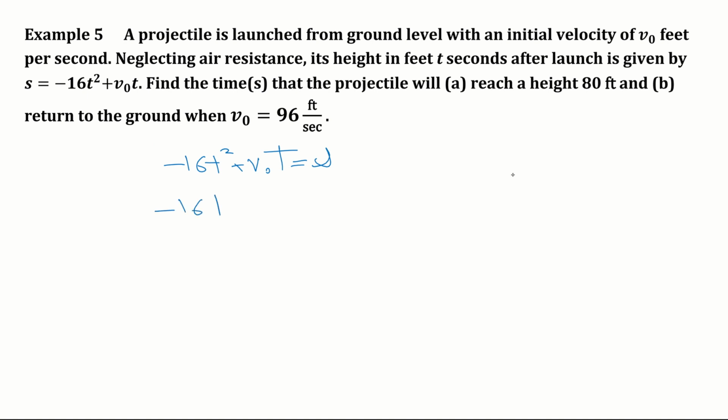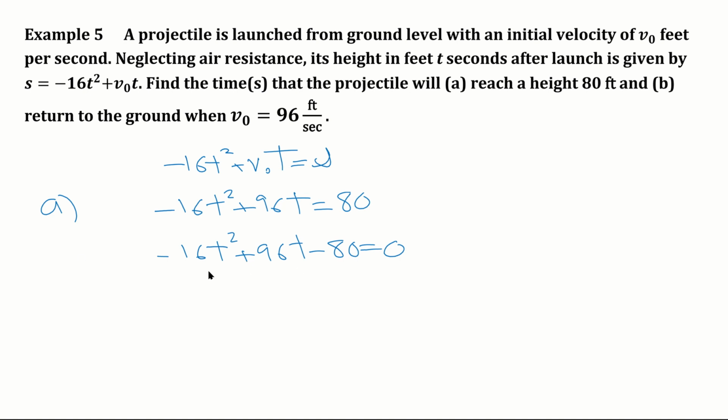Negative 16t squared plus 96t. This is for part A. Now for part A, I want to know when I reach a height of 80. The height is presented by s, right? So I'm going to set that equal to 80. Now let's move everything to one side. Negative 16t squared plus 96t minus 80 equals 0. I move the 80 to the left side.